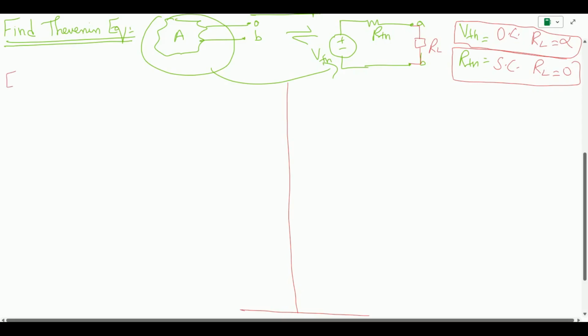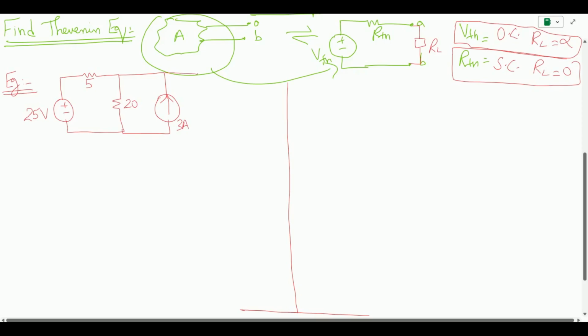For example, I have this circuit. I have a voltage source of 25 volts connected to a 5 ohm resistor and a 20 ohm resistor. Then I have another current source of 3 amps.